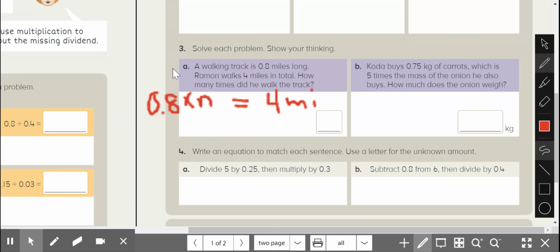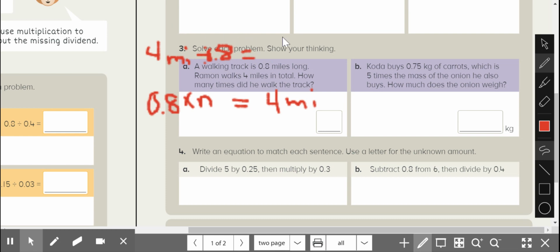I could also look at this in terms of a division problem, where I start with my total and I divide by 8/10 to get my answer.